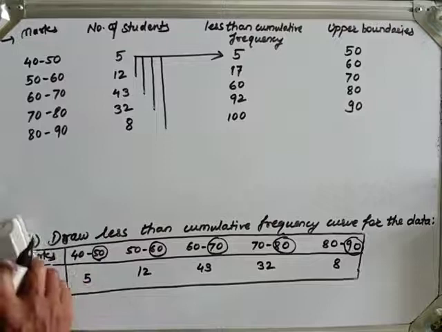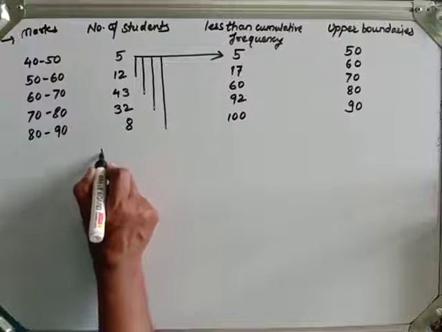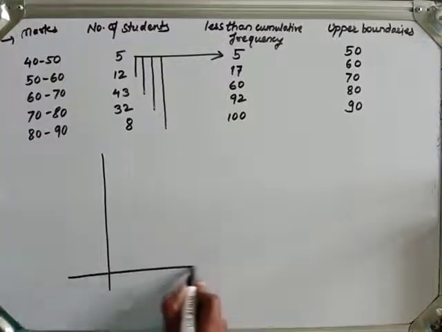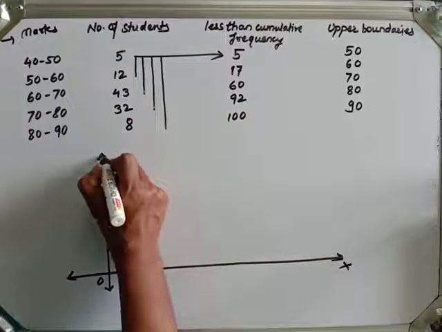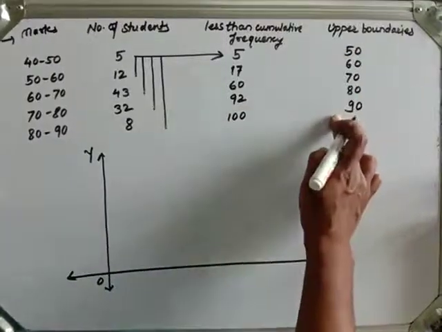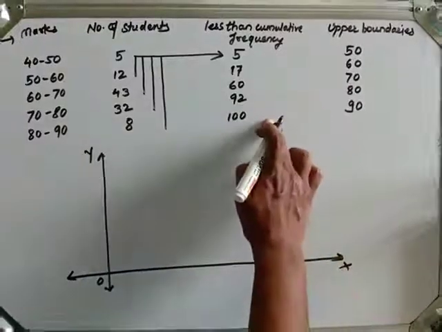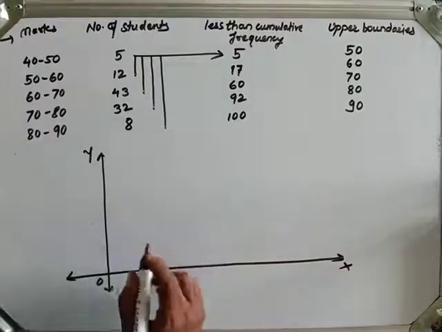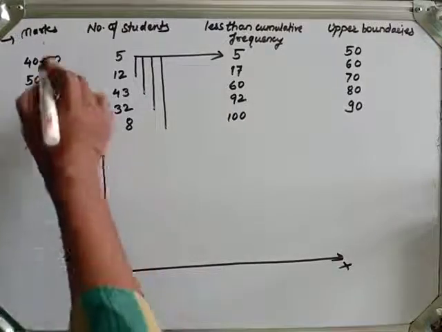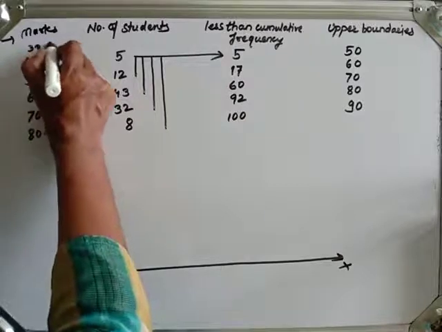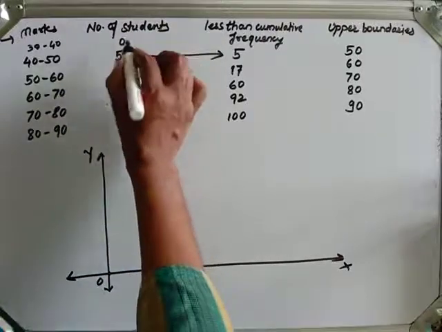Now let us plot these on a two-dimensional plane. Consider the x-axis and y-axis. The upper boundaries we take on the x-axis and the cumulative frequency on the y-axis. The previous class is 30 to 40, and its cumulative frequency should be 0.